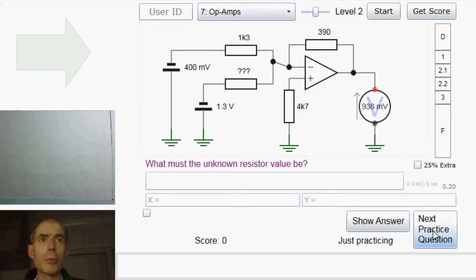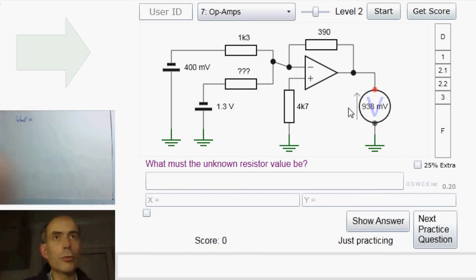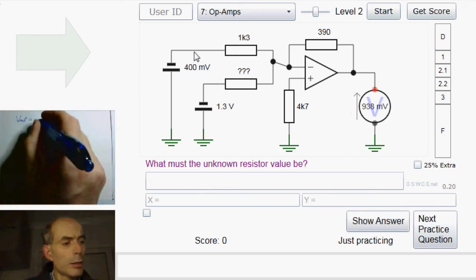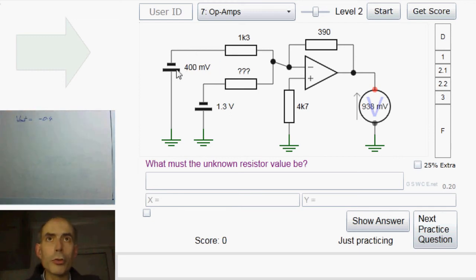There's one other type of question that you might get at level 2, and that's this one. It's a summing amplifier. And the rule for a summing amplifier is that the output, Vout, is equal to the sum of the input here, which would be minus 0.4, minus 0.4 because this is upside down.